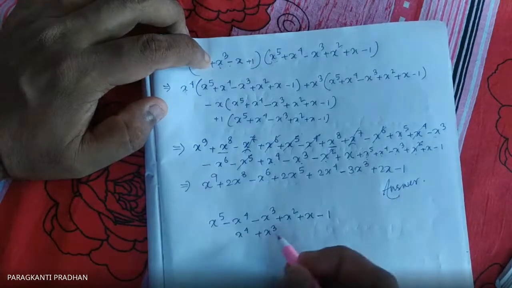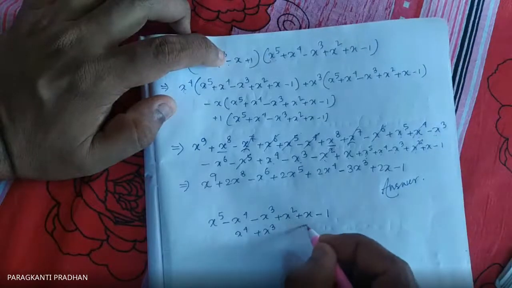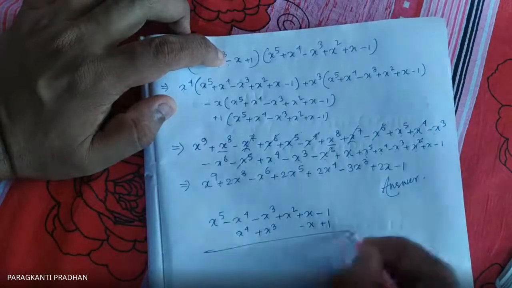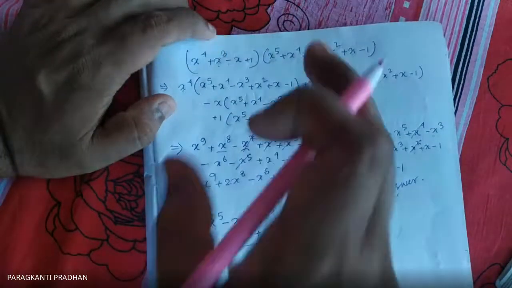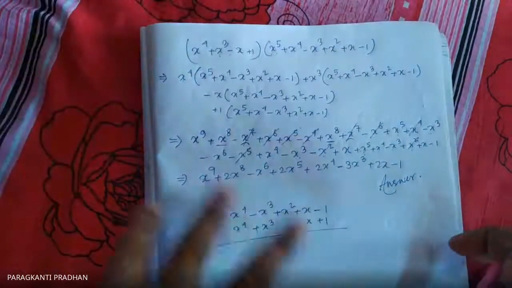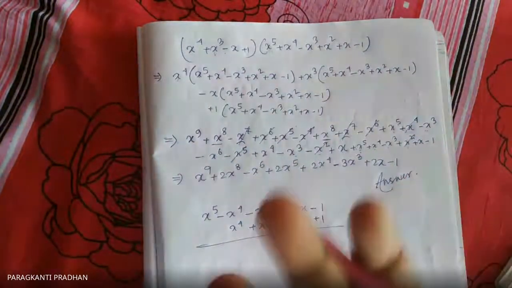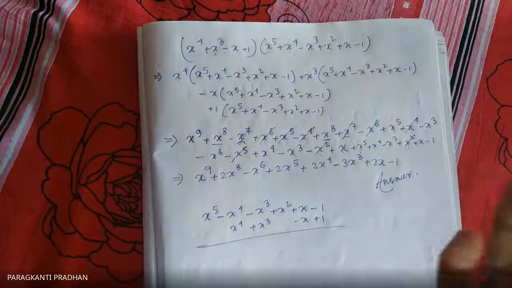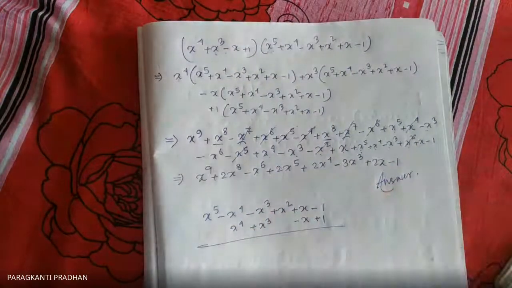Oh, sorry, this is multiplying. Then minus x plus 1. So this into this, this into this, this into this, you have to write the fourth term. But according to me, the row method is better than the column method. If you can solve this by this method, then the choice is yours.